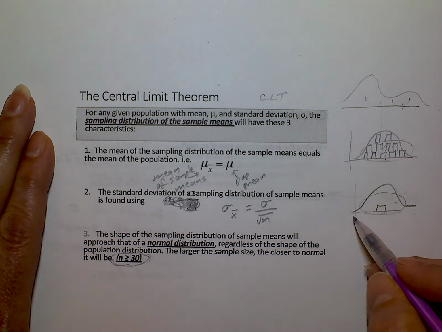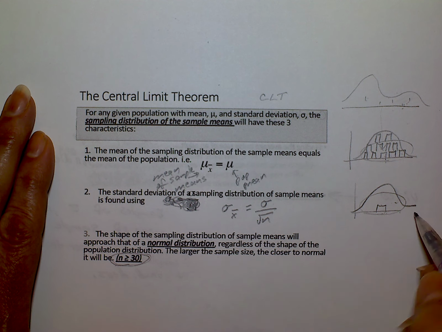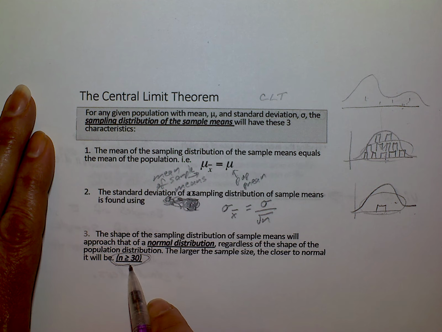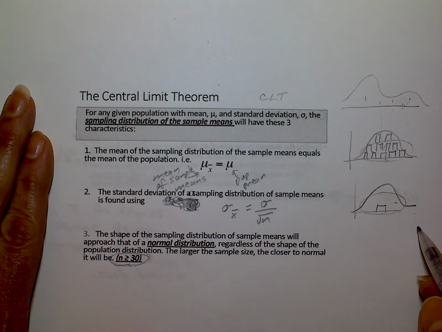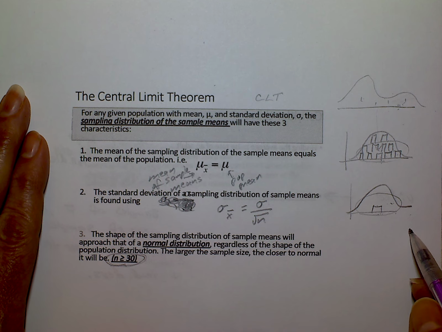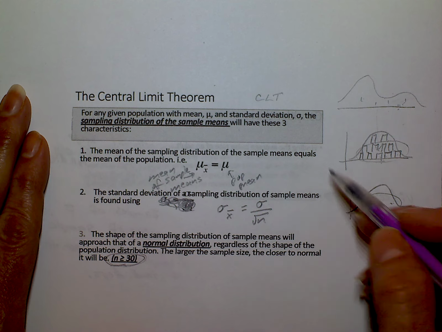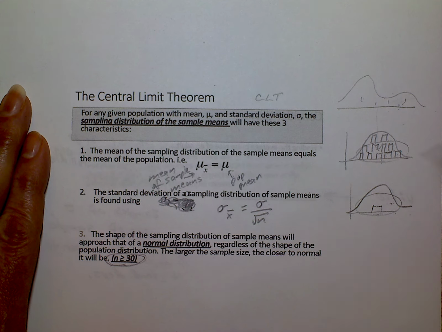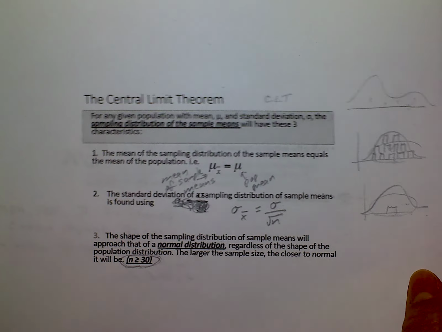And it looks like a normal distribution when the sample size is at least 30. We like samples of at least 30. Just kind of a key number that hits the right spot. So when I say the central limit theorem, this is what's happening. Whew. That's a lot to absorb.